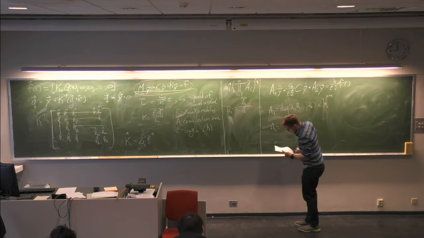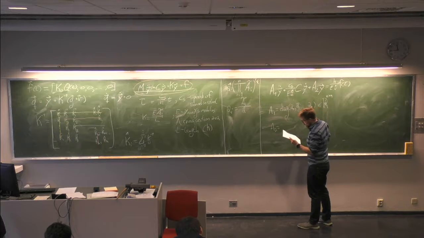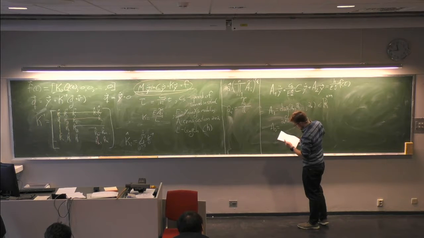A2, on the other hand, is still coupled. So we have A0 plus A1, minus A1, and so on.